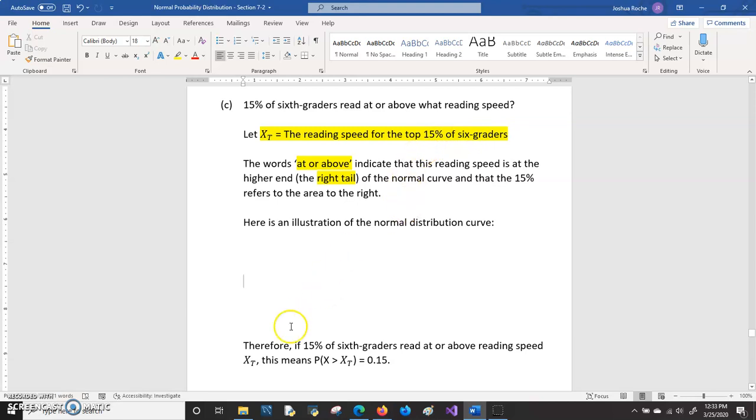It'll help to draw the curve. And one clue when we're drawing this curve is that in the question it mentions at or above. And when something says at or above, it's usually referring to the right tail of a normal curve, the higher or upper end of the curve.